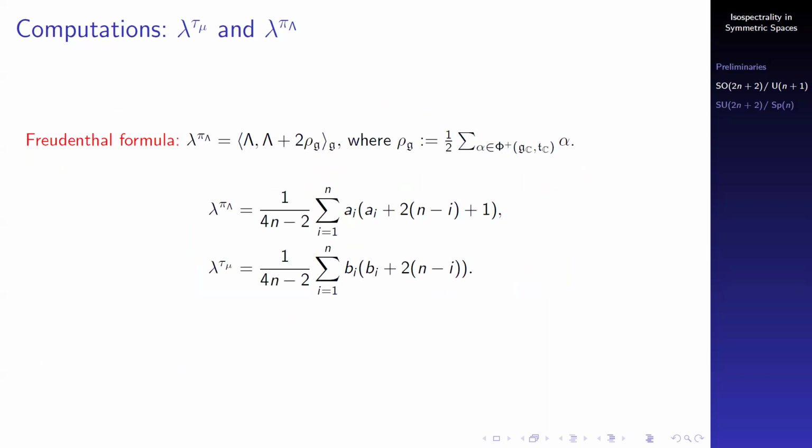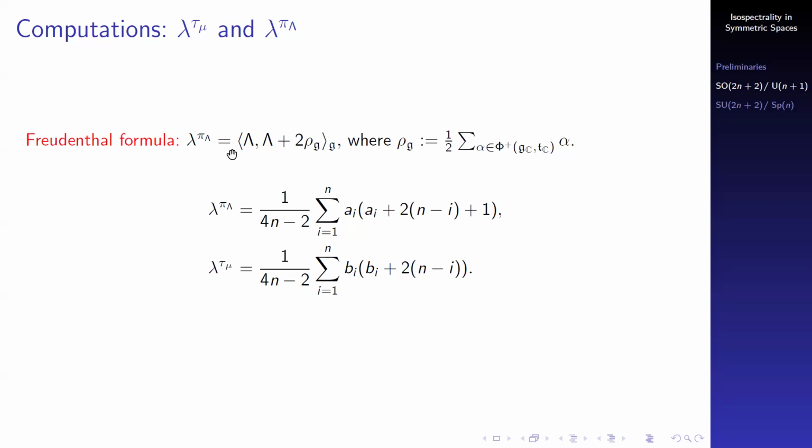Then what we have to do is compute those numbers, lambda P and lambda tau, which are the multiples by which the minus Casimir acts in the representation. And for that, we use the Freudenthal formula.